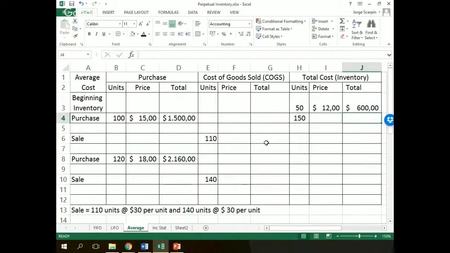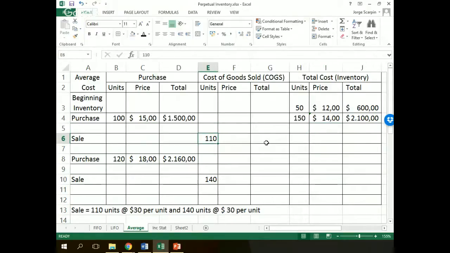In dollars, beginning inventory plus first purchase. And our average price will be amount of money divided by amount of units. In this case, 2,100 divided by 150, $14.